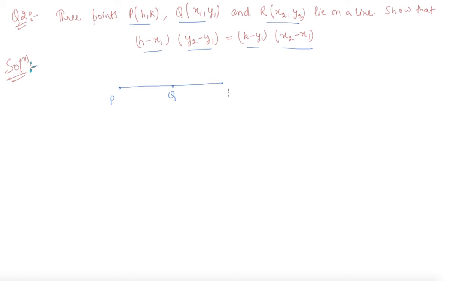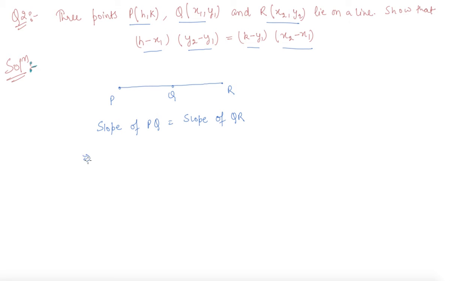Okay, so let's say these are 3 points P, Q, R. So if the points lie on a line, the slope of PQ should be equal to the slope of QR if 3 points are lying on a line. So I am writing the condition. This is the slope of QR.